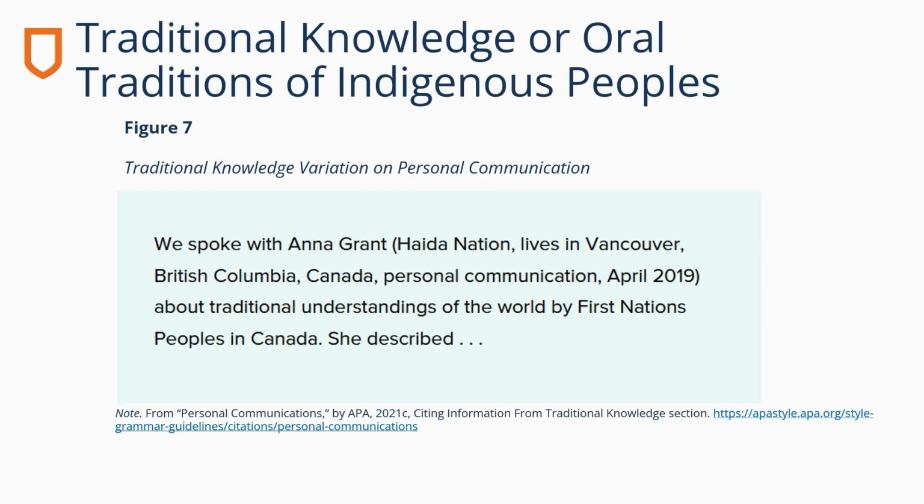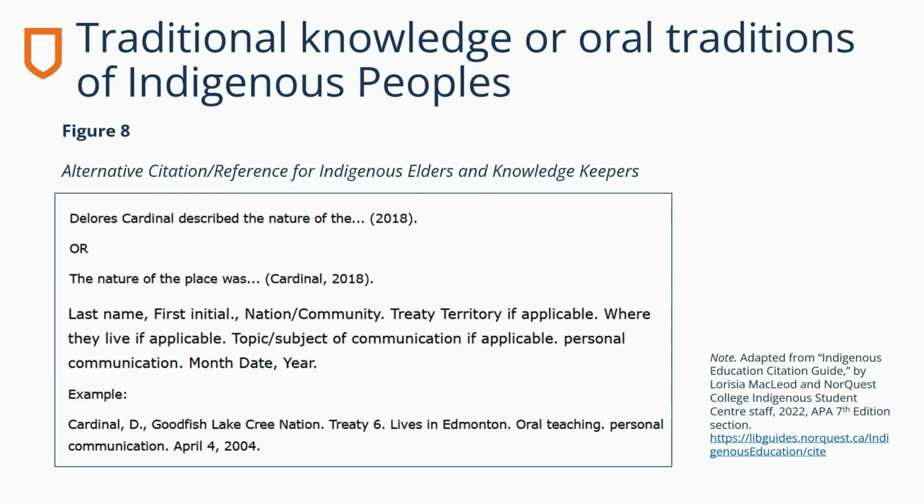The personal details to include are the source's full name, first and last, their nation, and their location. This captures a fuller identity of the person to place them within the context of their Indigenous community. Be sure to include the words personal communication and the date as well. Like with other personal communications, however, a corresponding reference is not given.